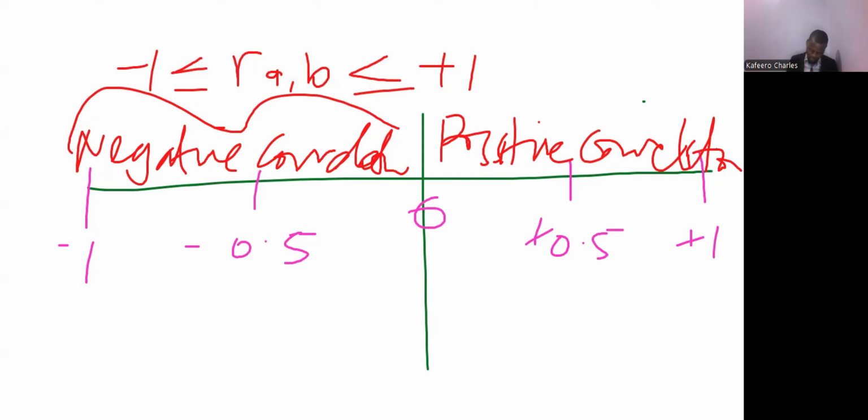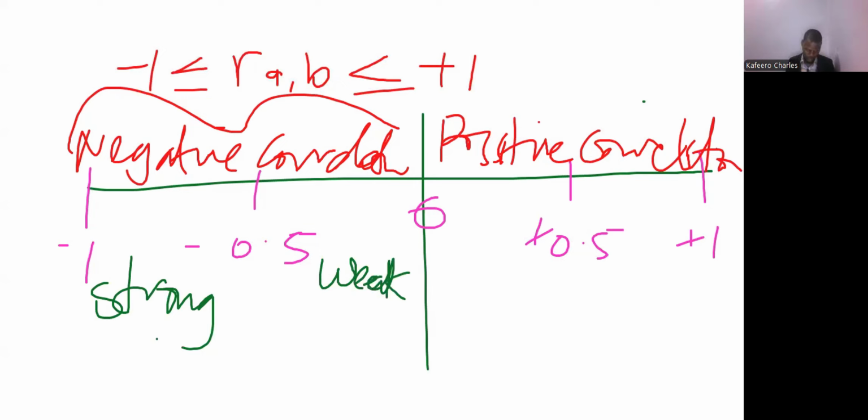So even within this, if it is maybe -1 going to -0.5, this one is going to be a strong negative correlation. If it is between -0.5 to 0, then it's going to be a weak negative correlation.